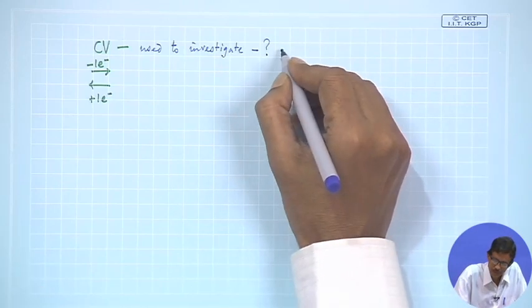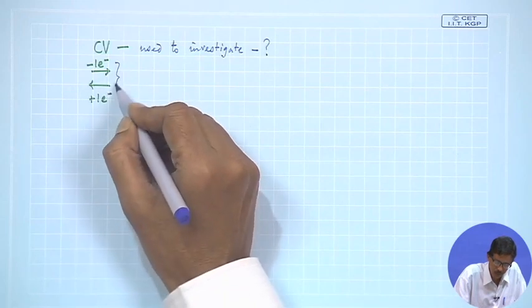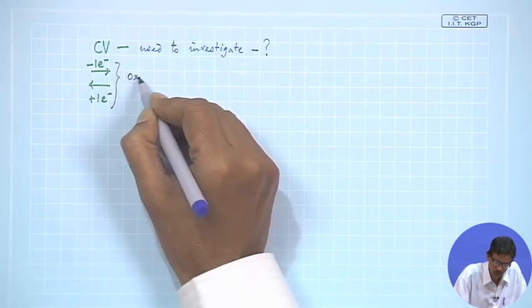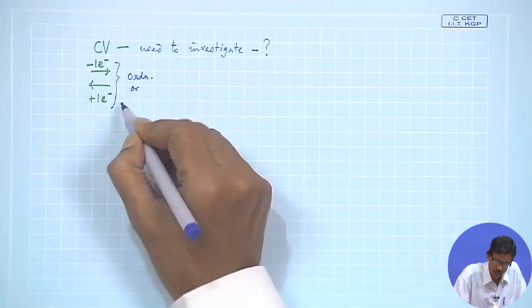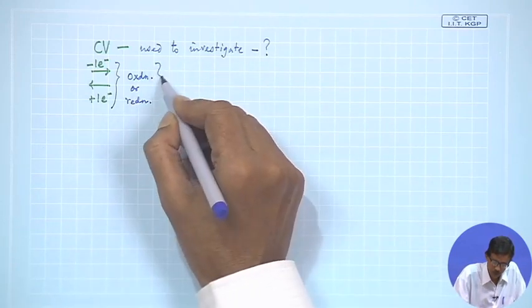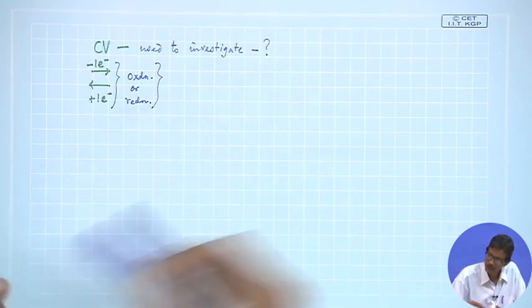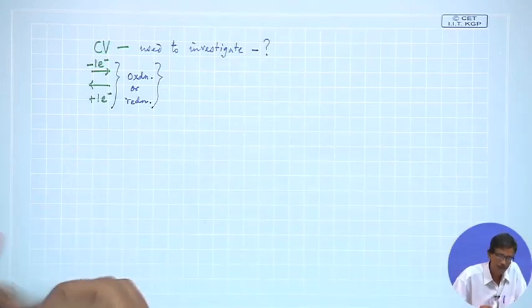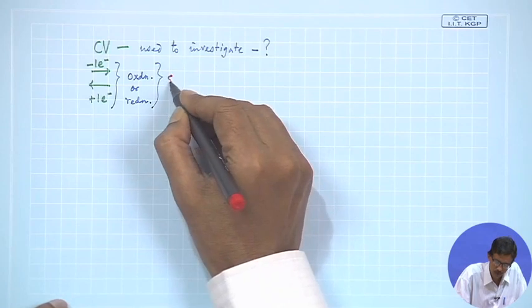So, if we have not a single step, whatever electron transfer for oxidation or reduction we are getting, those we can consider as the single step electrode processes.